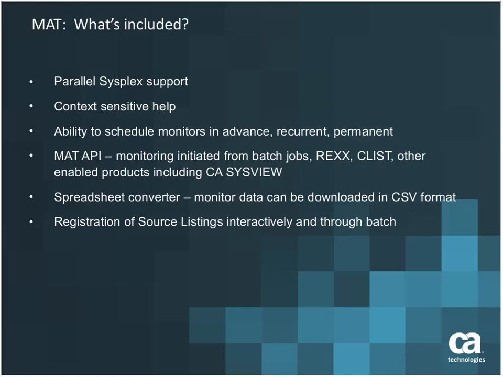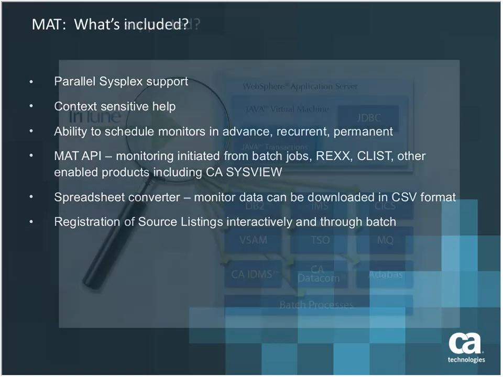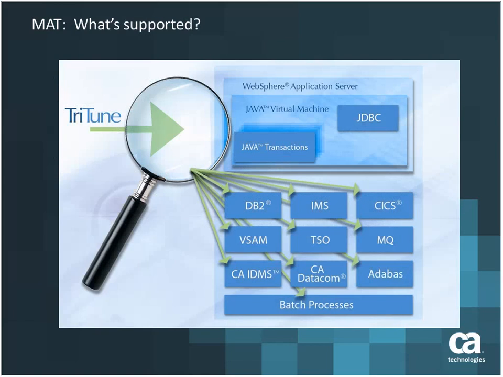So if you have a COBOL program and we show you the statement offsets of where activity is, if you register the listing, you can actually look at all the verbs and see exactly which ones are using up all your CPU or resources.